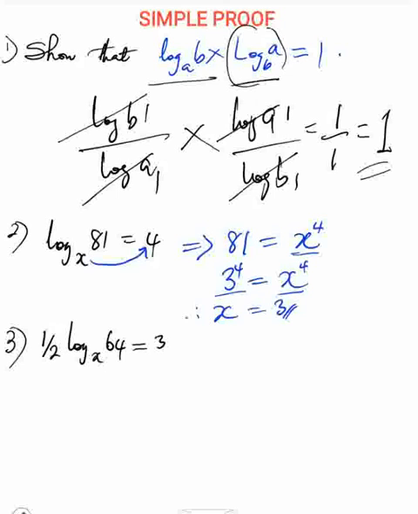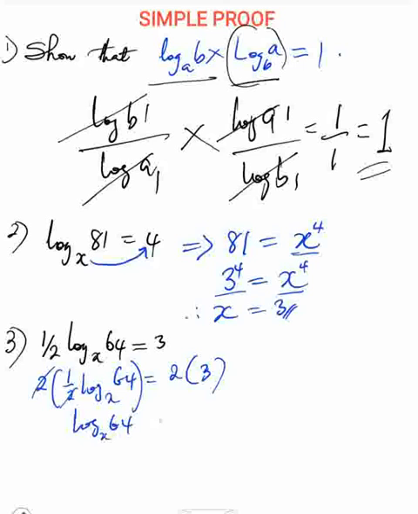So if I multiply here by 2, definitely half is going to be out of this place. 2 times half log 64 base x equal to 2 times 3. So 2 can go. We have log 64 base x equal to 6.